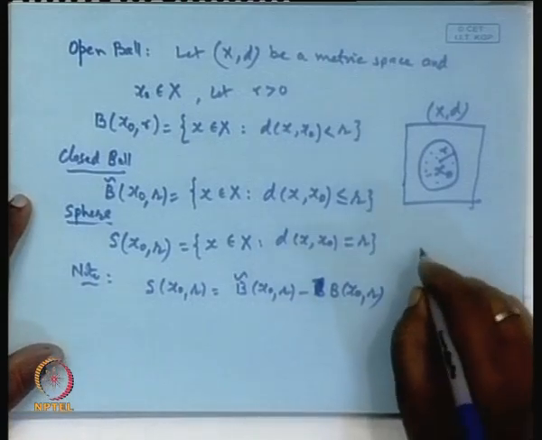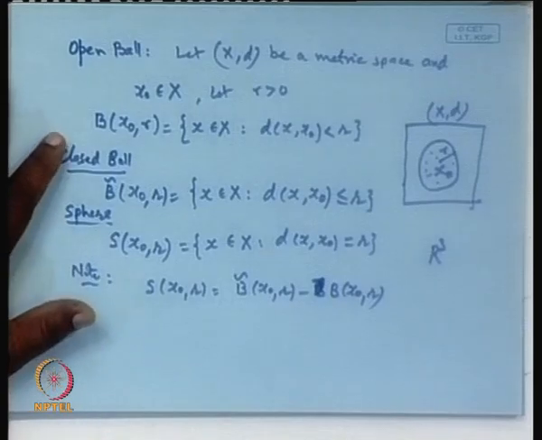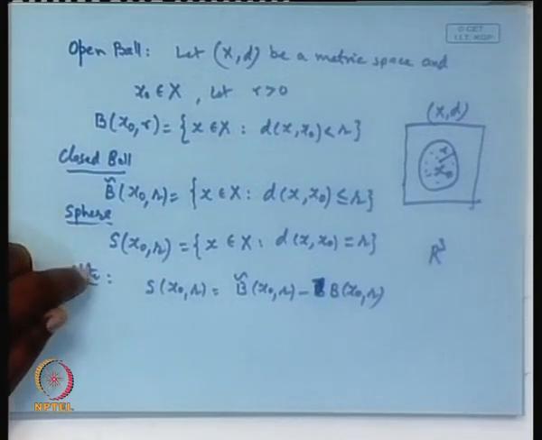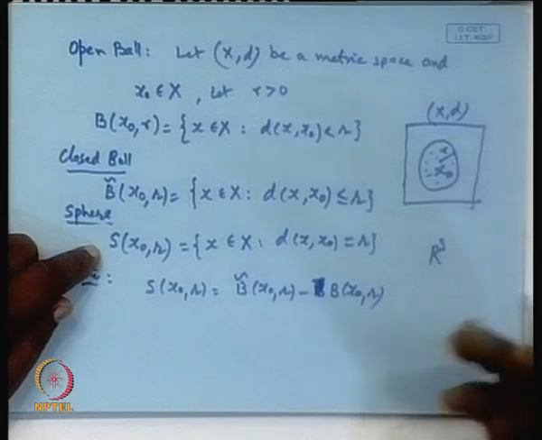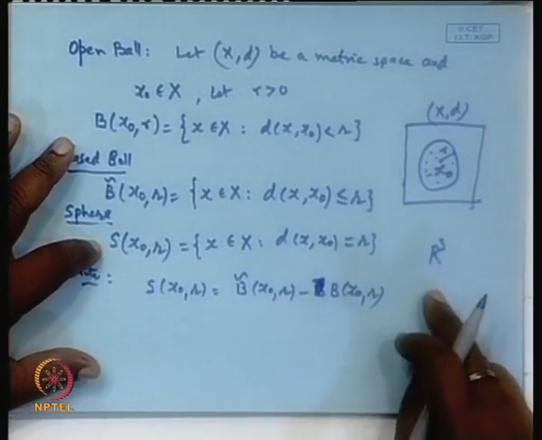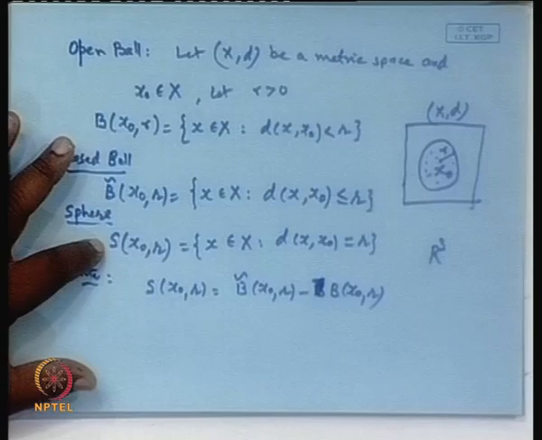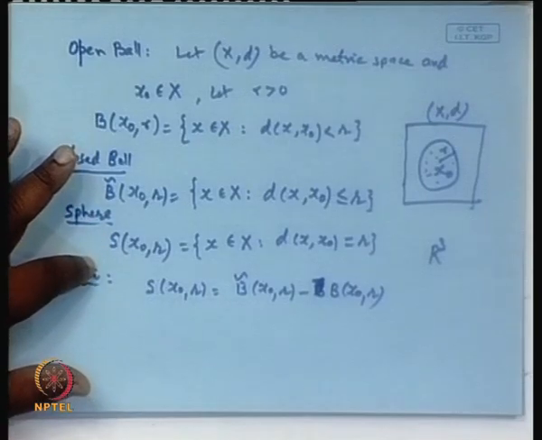Now, we already have a concept in R 3, the concept of the open ball, the concept of the closed ball, and the concept of the sphere. The ball centered at x naught and radius R is as usual, and we know that if R is a positive number, then with center x naught and a positive radius, the ball cannot be empty.